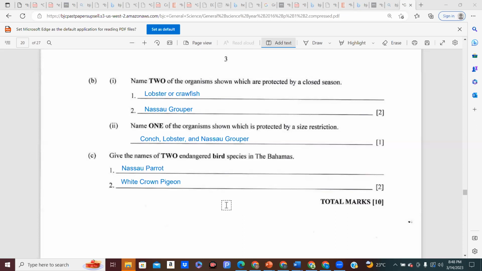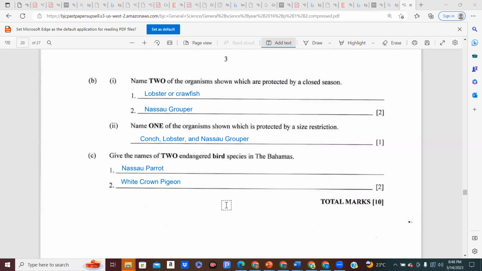Mikhail, give me an organism that is protected by a size restriction. Mikhail. Yes, sir. Repeat the question for me, please.